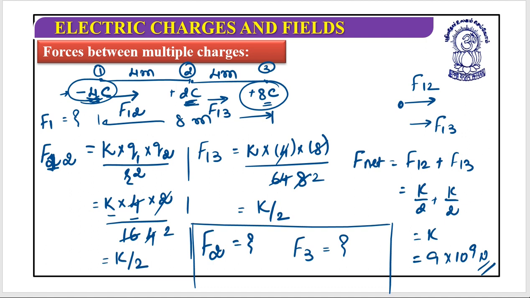Once you have the magnitude and the directions, if both the forces are in the same direction, they will just add up. If both the forces are in opposite directions, they will be subtracted. Did you get it? So do this as your homework. Yes, let's move on.